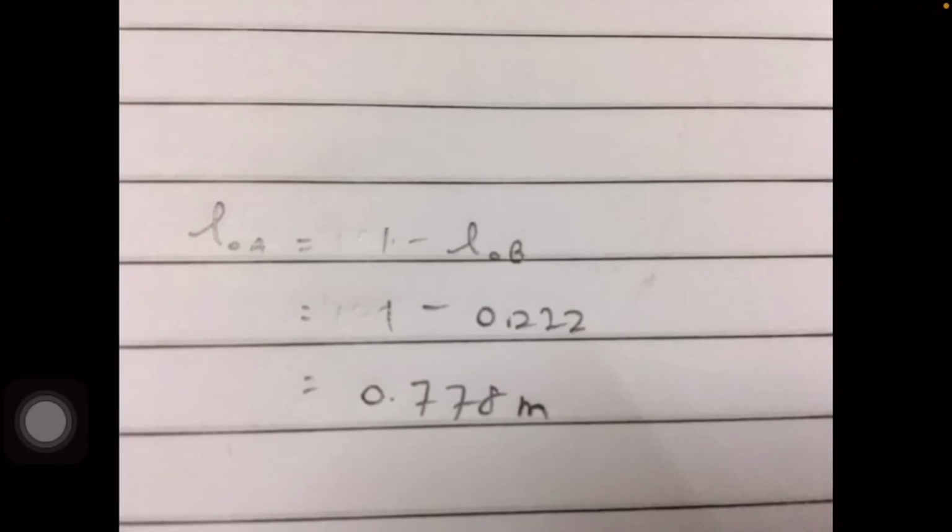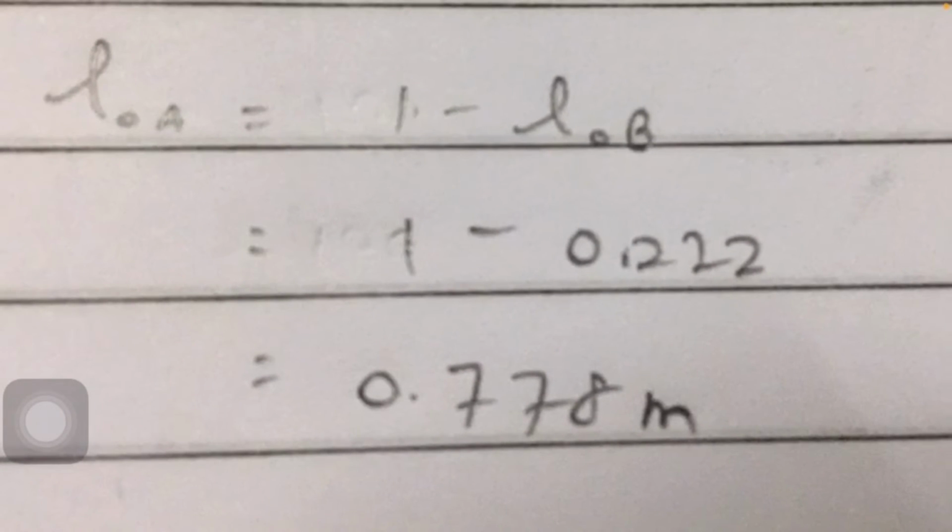So this is the equation: length naught A equal to 1 minus length naught B. We put the value of length naught B, 0.22 meter, and minus it from 1. So we get the length of A is 0.778 meter.